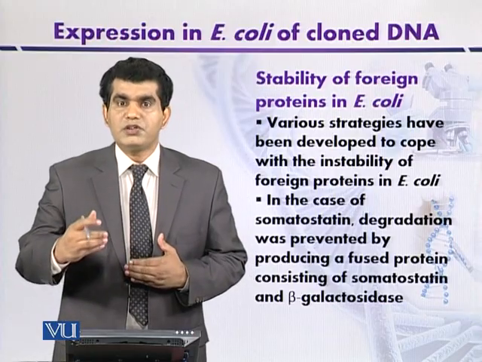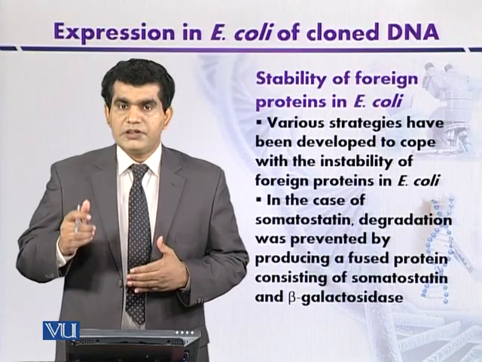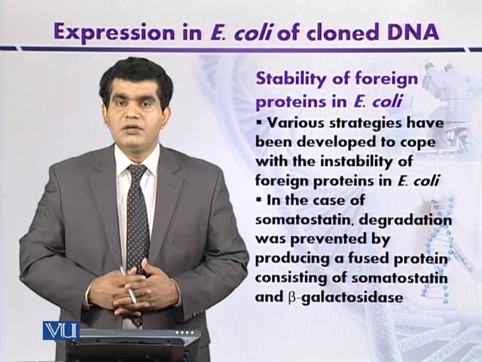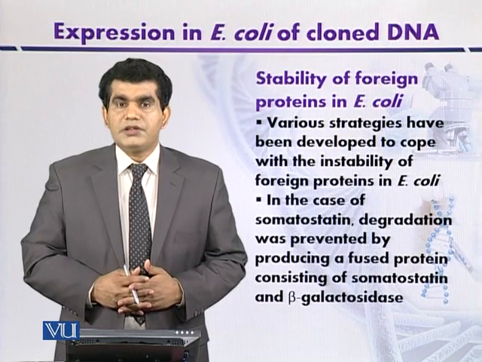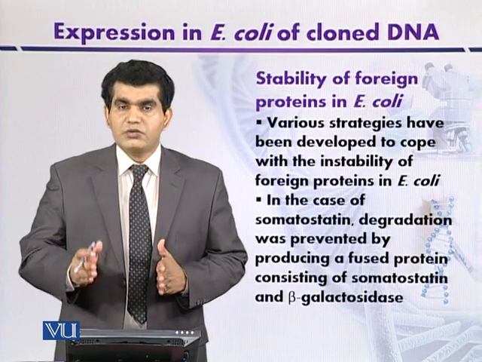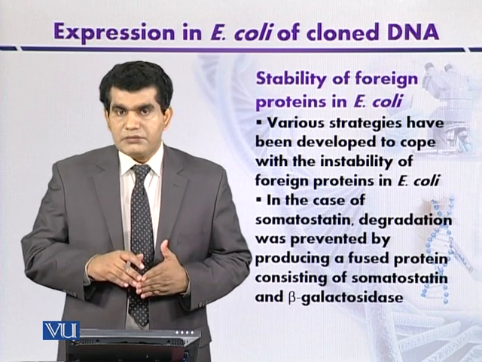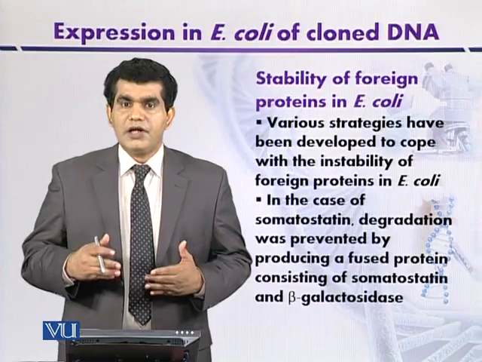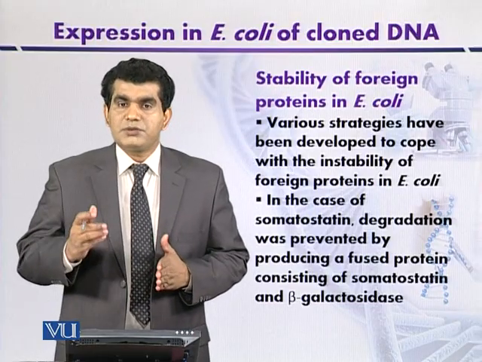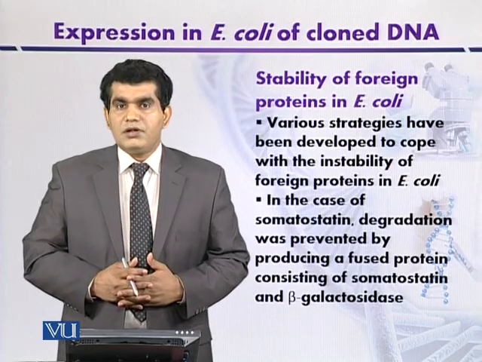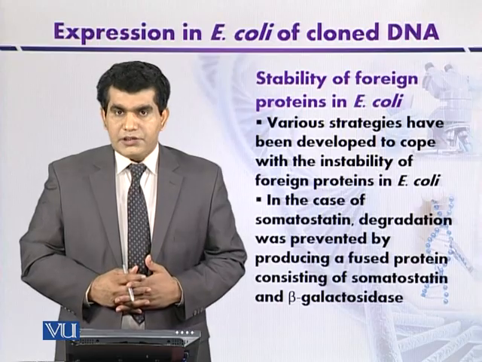So rat proinsulin can be expressed as a fusion protein with an enzyme, that is beta galactosidase. In the form of fusion proteins, their stability is increased, and later on the native protein can be cleaved with the help of a chemical like cyanogen bromide to get the expressed protein from the fusion protein. So this is one of the strategies.